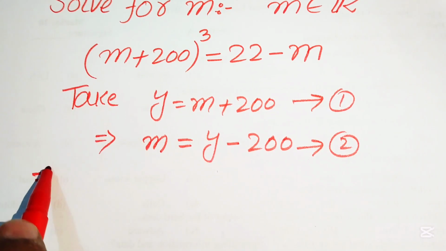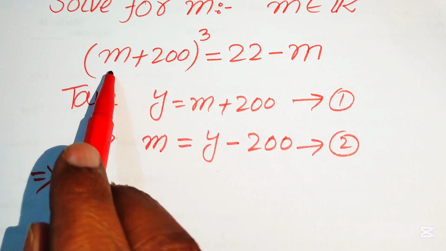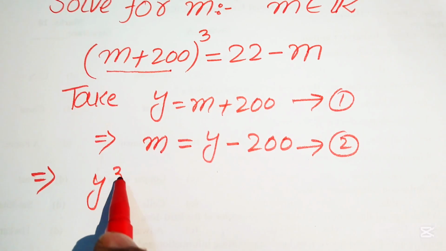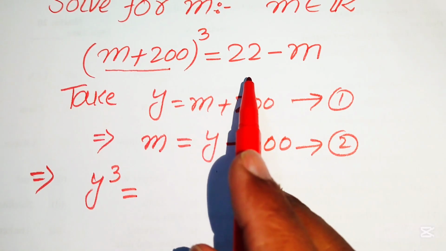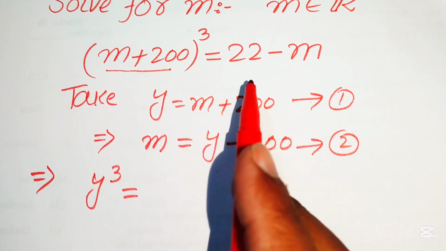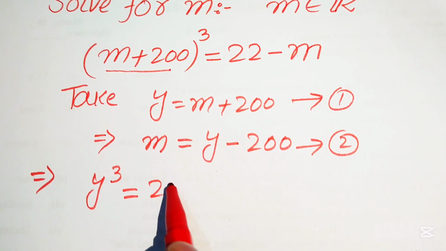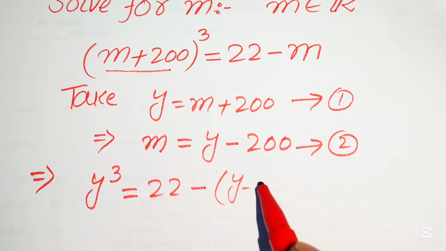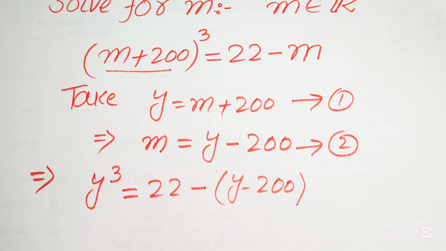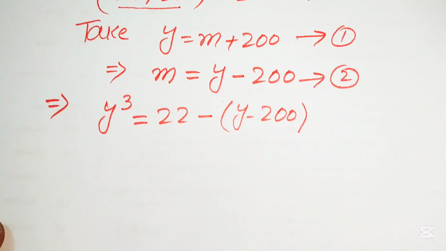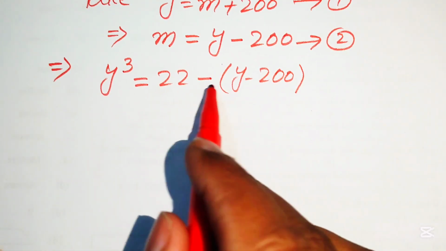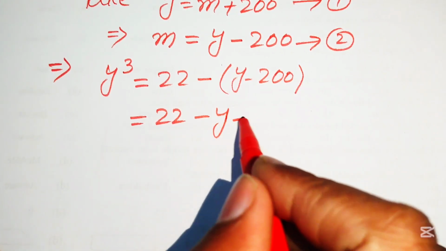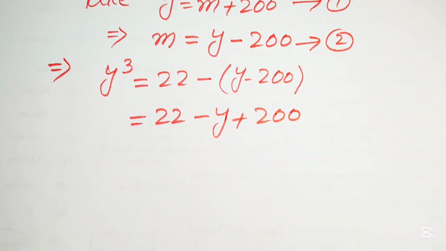Our above equation is written as y³ = 22 − m, where the value of m is y − 200. After this step we need to multiply the negative sign on both of these terms, so it will be written as 22 − (y + 200).